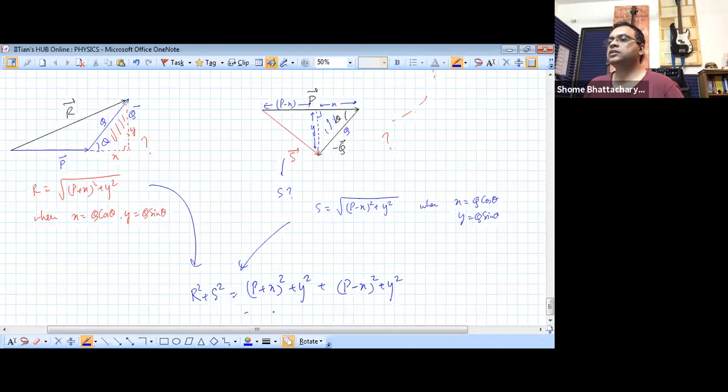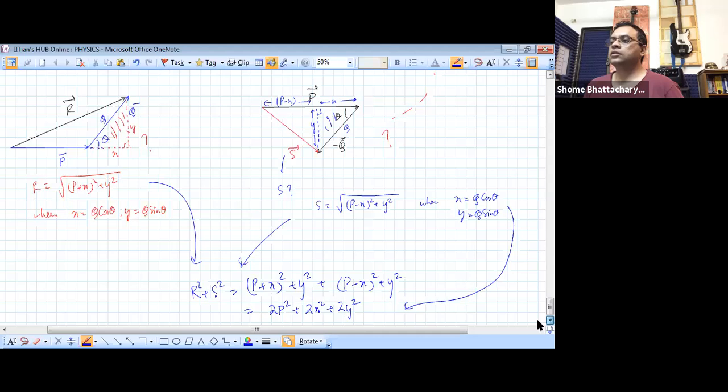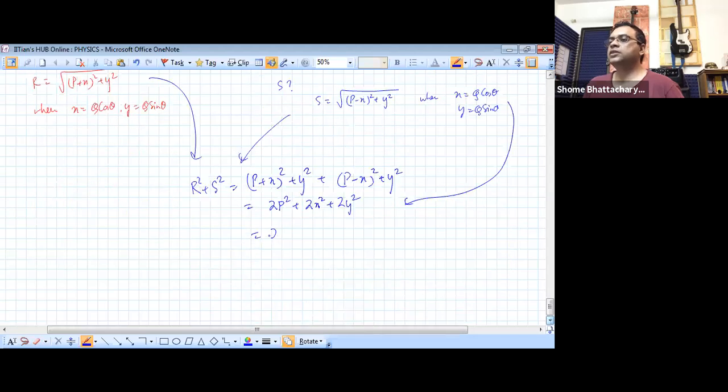We can see that it is 2p square plus 2x square plus 2y square. Now just substitute x square. So that's another way of doing it. This will give you 2p square plus 2q square (cos square theta plus sin square theta).